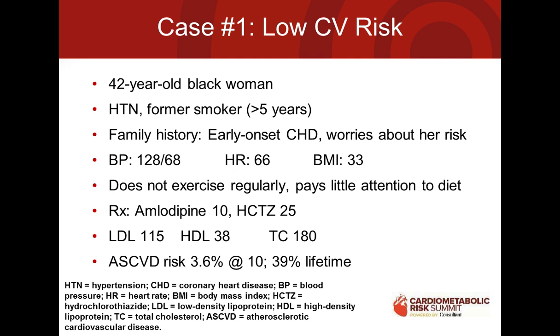So let's imagine a 42-year-old woman who is a former smoker. She has a family history of coronary disease. She comes to see you because she's worried about that. She wants to know if she should get some additional testing done. Her BMI is high at 33. Blood pressure is okay on a couple of medicines. She doesn't exercise and doesn't pay attention to her diet. LDL 115, total cholesterol 180. And that gives her an ASCVD risk of about 3.6% at 10 years, which makes her low cardiovascular risk.